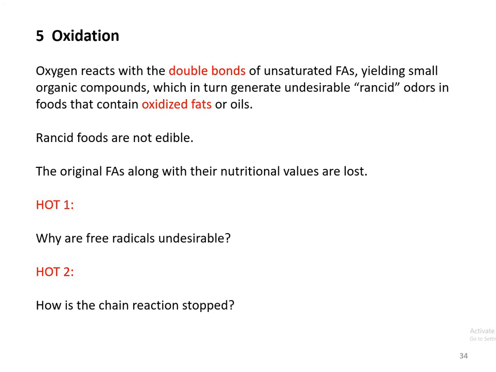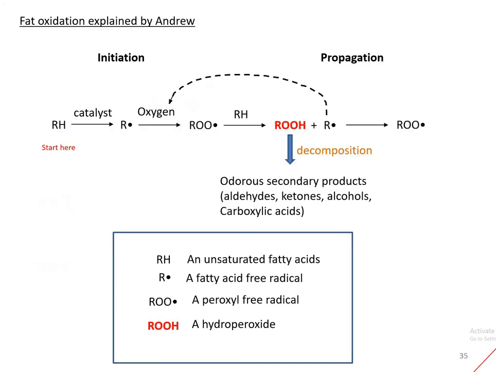Rancid foods are not edible, and the original fatty acids along with their nutritional values are lost. So we'll discuss why it is undesirable, these free radicals, and how to stop the reaction from going on. I don't have a voice, so I'm going to invite my friend Andrew to explain fat oxidation to you.